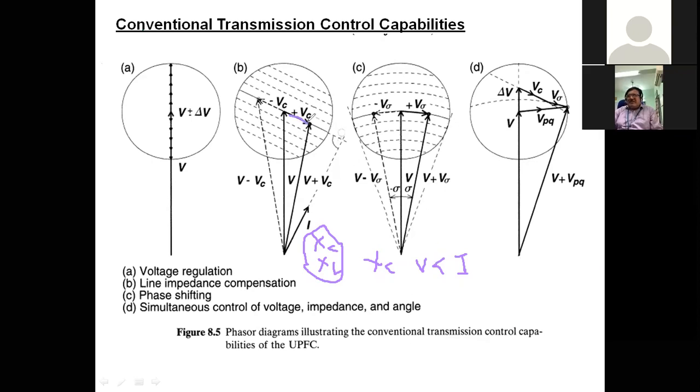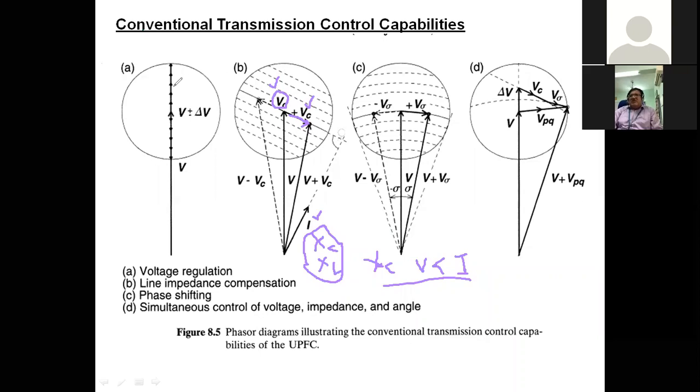If you consider the voltage leading, you get the inductive effect from this one, and the capacitive effect from the other one. So this way you get the inductive and capacitive effects in this case. That is the series capacitive compensation. That is the second one.